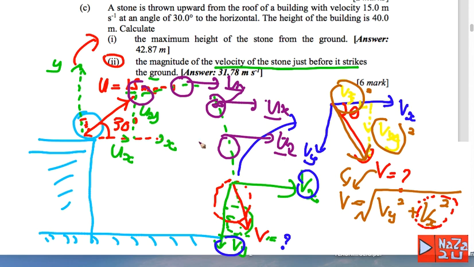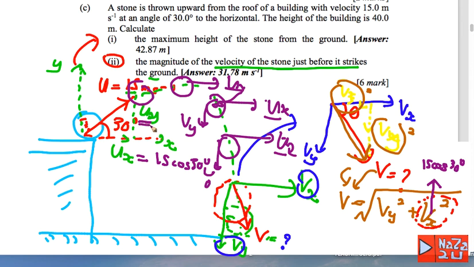So vx here is equal to ux, meaning you resolve u to the x-axis, so you have 15 cos 30. So the problem here is, what is vy? Vy is changed because it is influenced by gravity g. So you must find the value of vy first, to use the equation to calculate v before touching the ground.